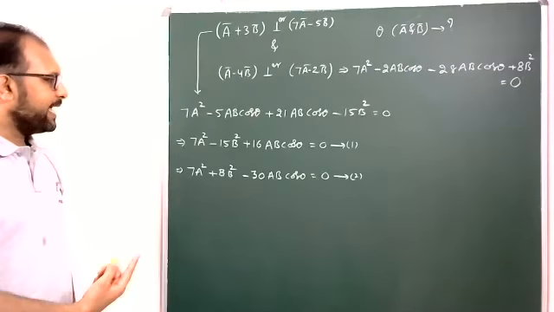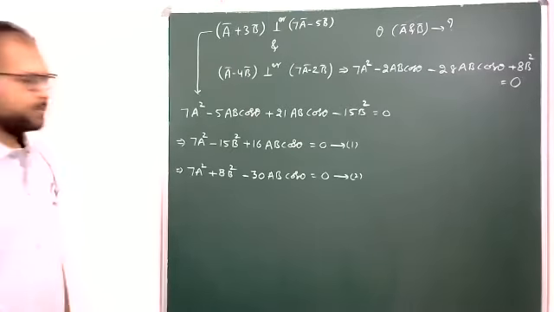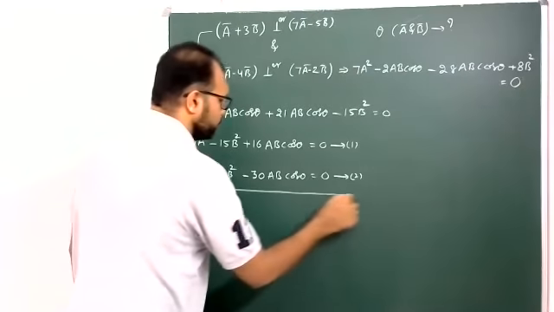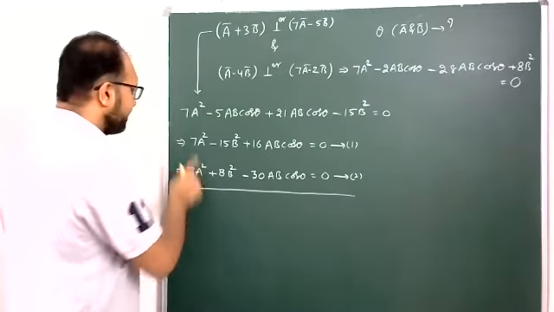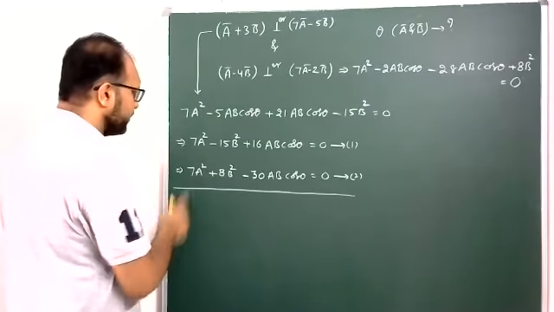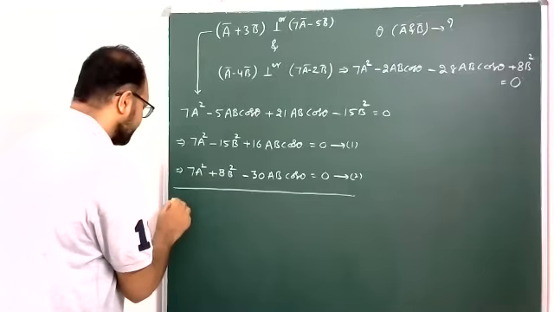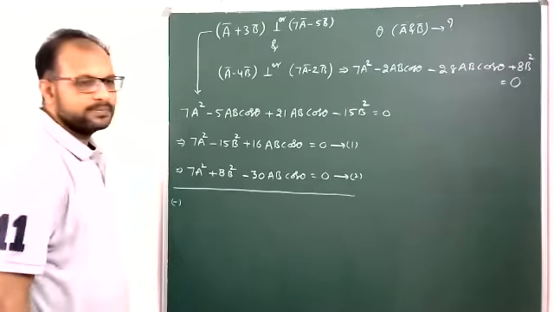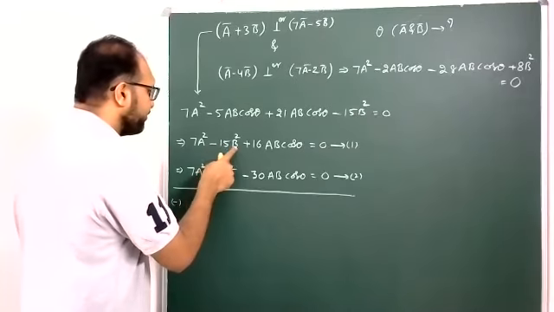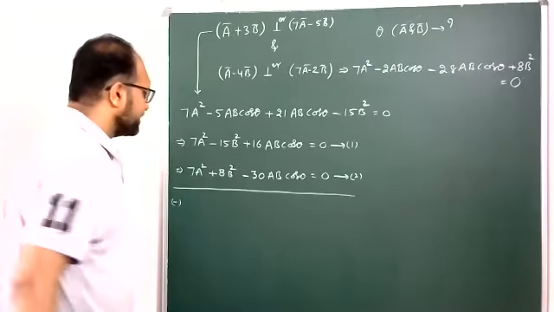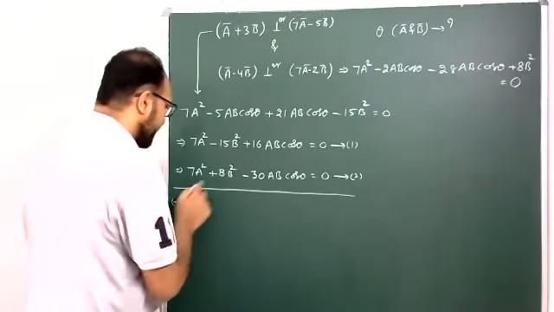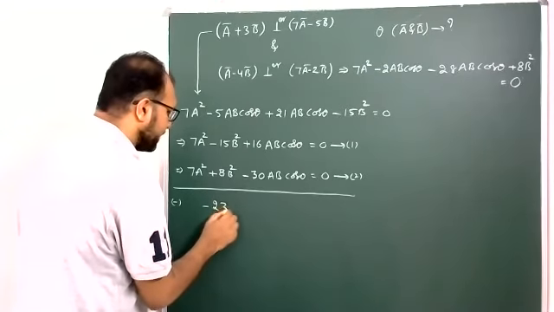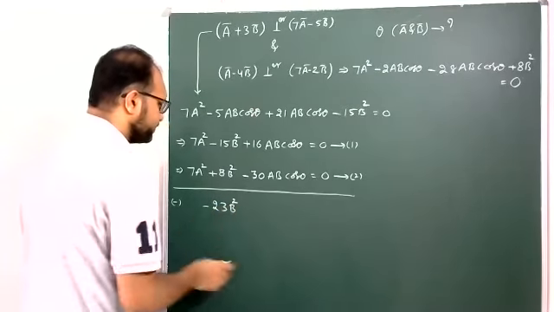Now our target is theta. So now these two, 7A square, here also 7A square. Simply now subtract. 7A square cancels out. Minus 15 minus 8 means minus 23B square.